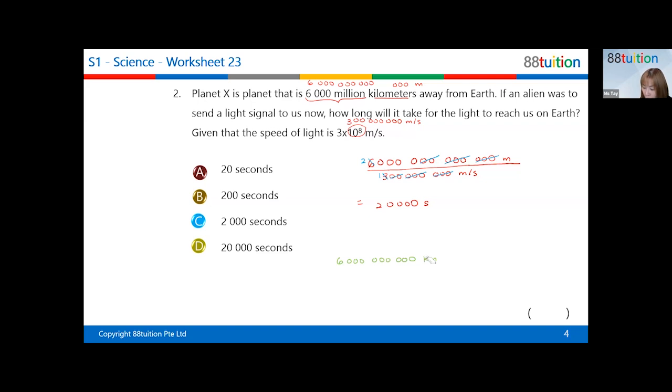This is not in meters, but kilometer. If they just put the numbers down, then this 3 times 10 to the power 8 will be like that. So this is where students make error. When they cancel all the zeros, what do they get? They will only get 20 seconds. Common error. So those of you who got A for your answer, like I think Nikki and Tammy got A, right?